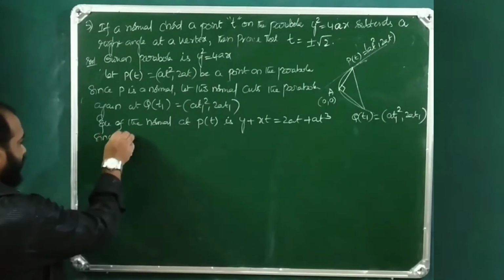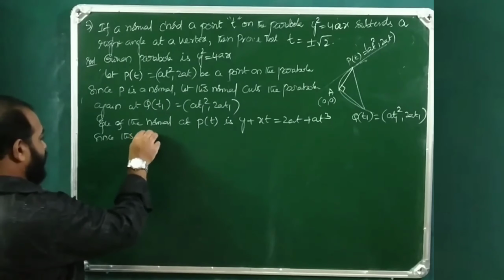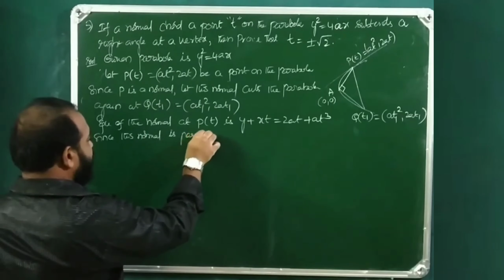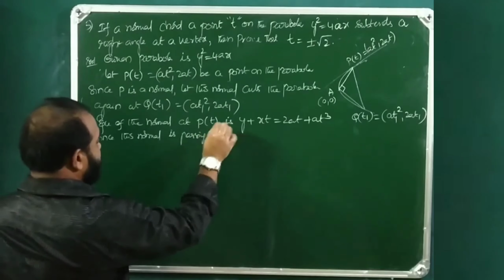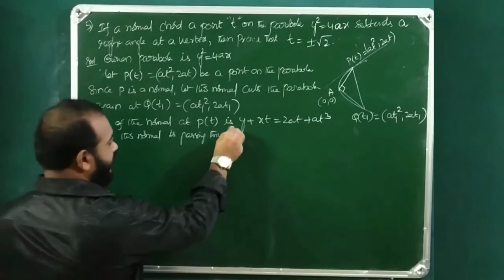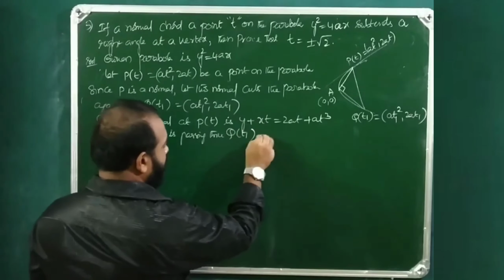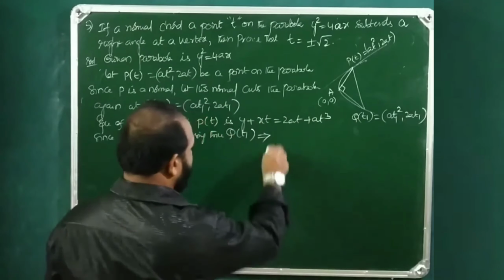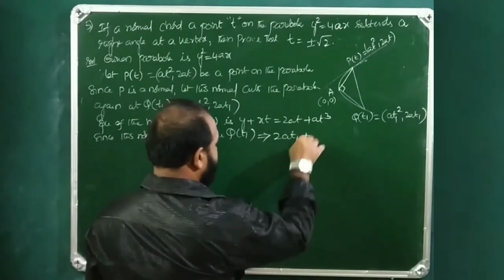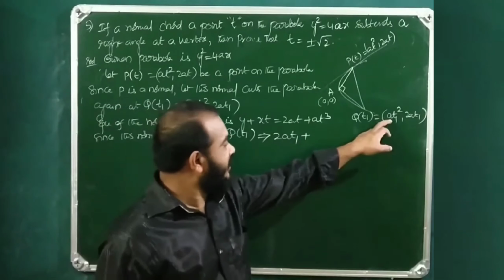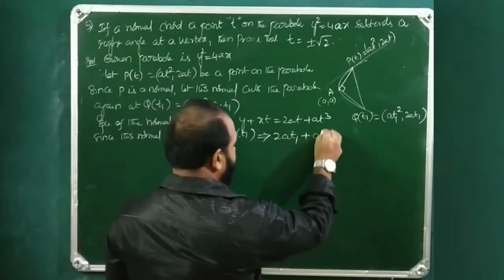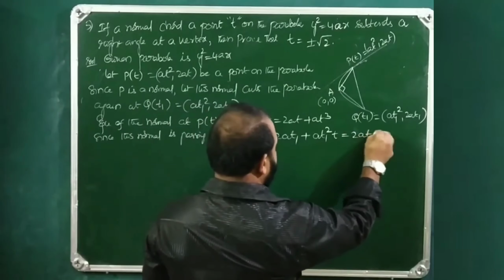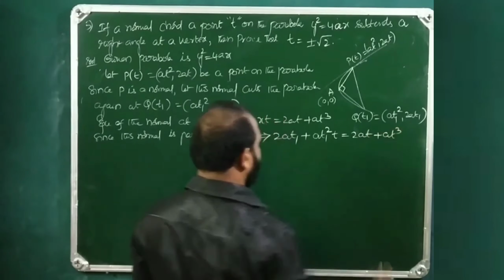Since this normal is passing through Q of t1, in the place of y substitute 2at1. 2at1 plus x is at1 square, at1 square into t, equals 2at plus at cube.